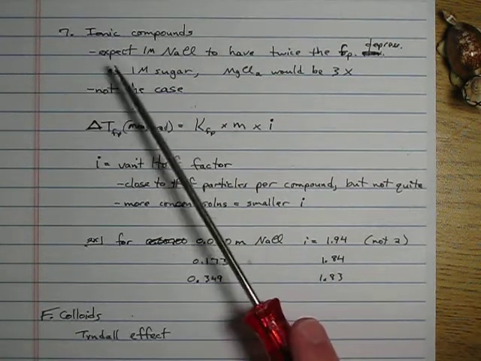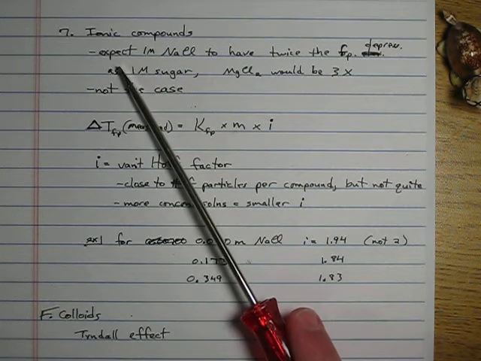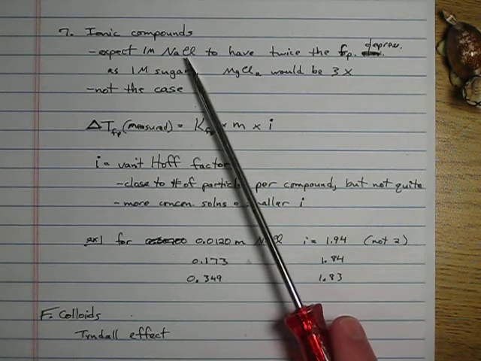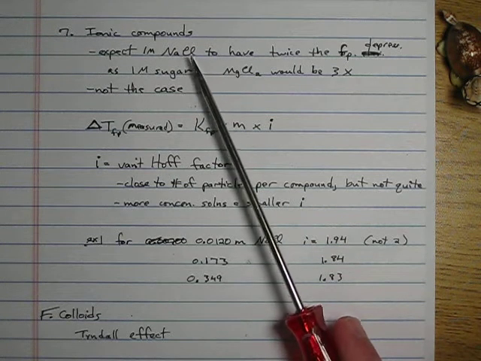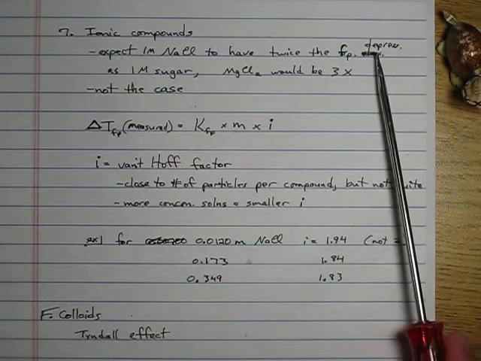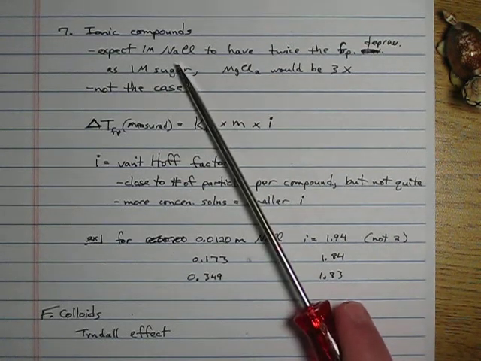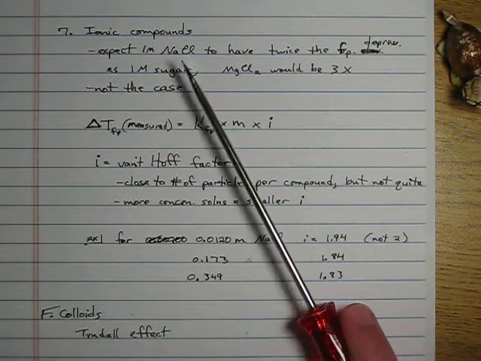For example, if you recall when we were discussing osmosis, if we have 1 molar sodium chloride, we would expect that to have twice the freezing point depression of 1 molar sugar, because when sodium chloride dissolves in water, it dissolves into 2 particles, the sodium and the chloride.